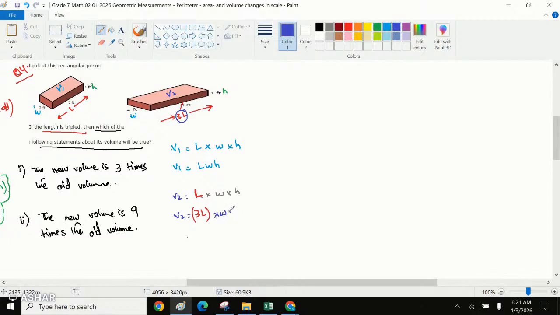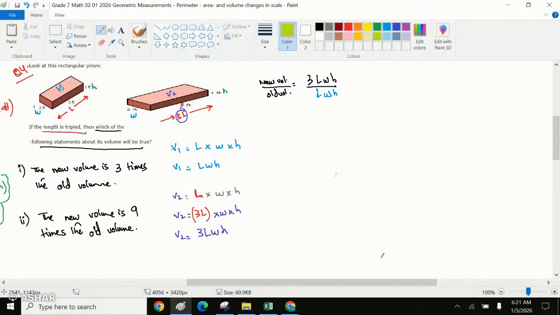Height and width were the same, so volume 2 is 3LWH. To find the comparison, we say new volume upon old volume. The new volume was 3 length width height divided by the old volume, which was length, width and height.